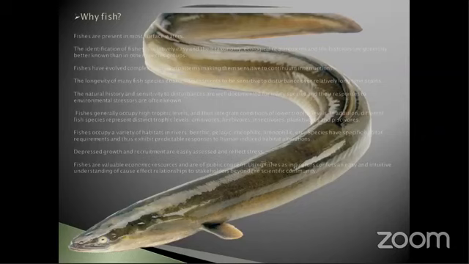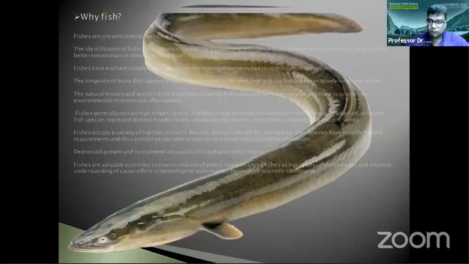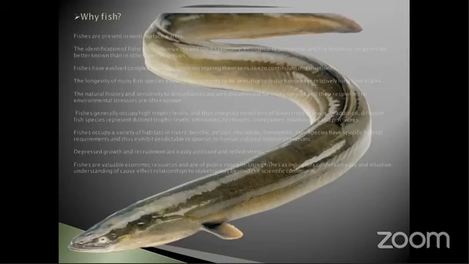And I don't want to read or point out all of these moments. I'm going to say what the not so good moments are with the usage of fish as bioindicators. One of the problems is that sampling is not so easy. You need a lot of people and a lot of special equipment to catch those fishes.